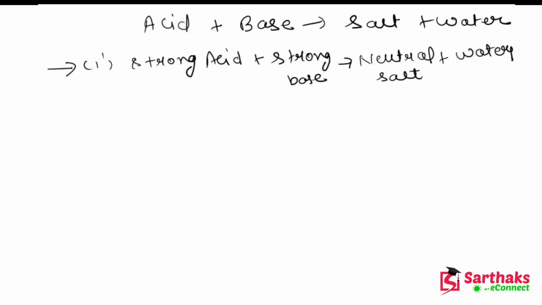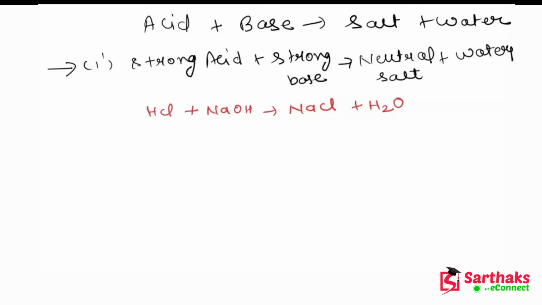So this is the first type of reaction. If I give you an example of this, let me write HCl reacting with sodium hydroxide, and it is forming NaCl plus water.